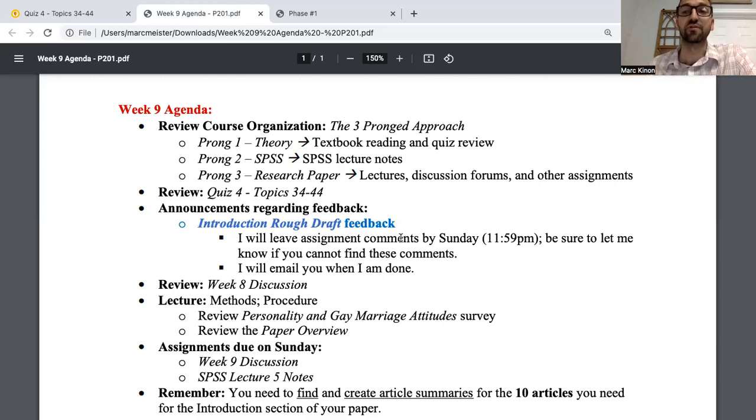Also, the discussion forums give you an opportunity to write a piece of your research paper every single week. This is a great strategy. It's worked well for numerous students at this point. And then I always have other assignments, but as we all know, other assignments mean the rough draft.